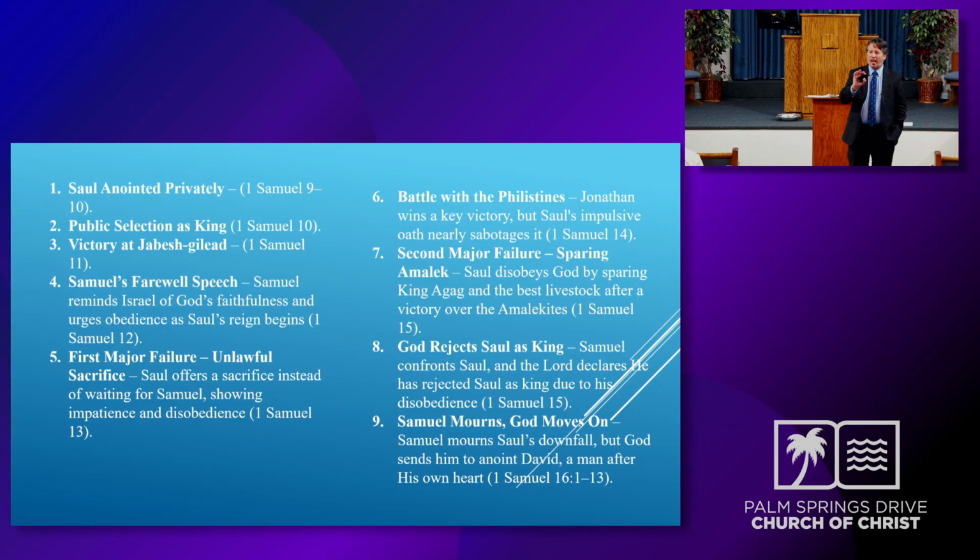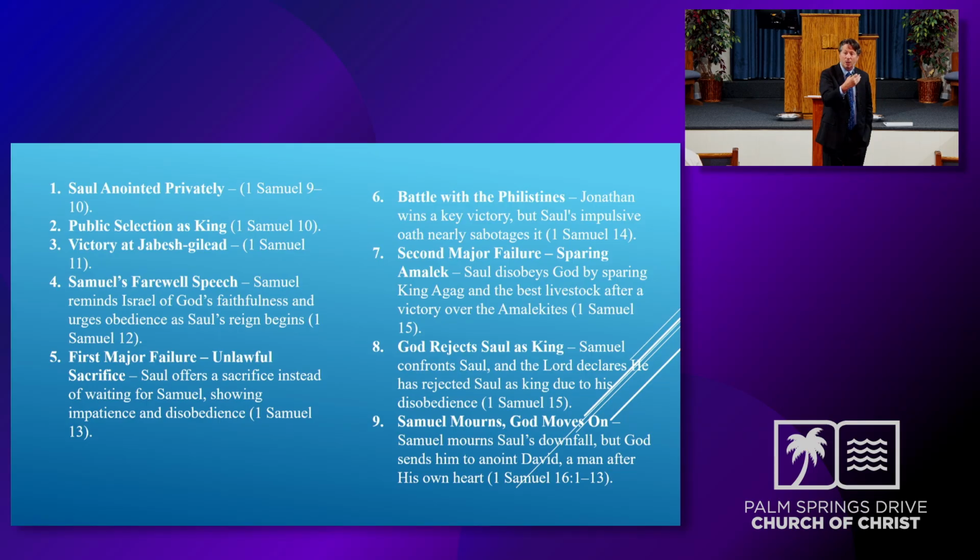And Saul had two major departures from the Lord. One is he did not obey everything God told him to do. But before that, he offered a sacrifice he wasn't supposed to offer. Both of those times, God sends Samuel to him to tell him, the Lord is upset with you.